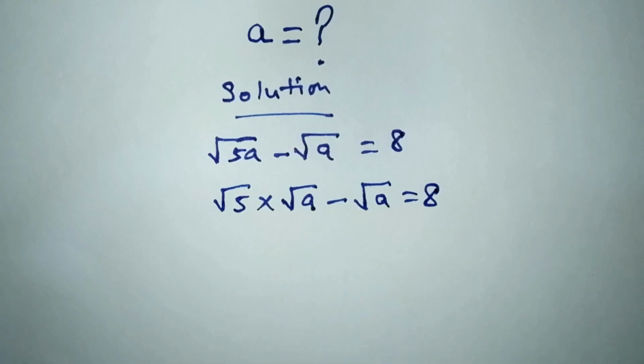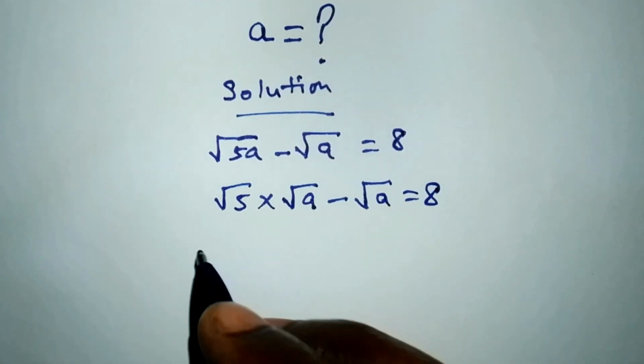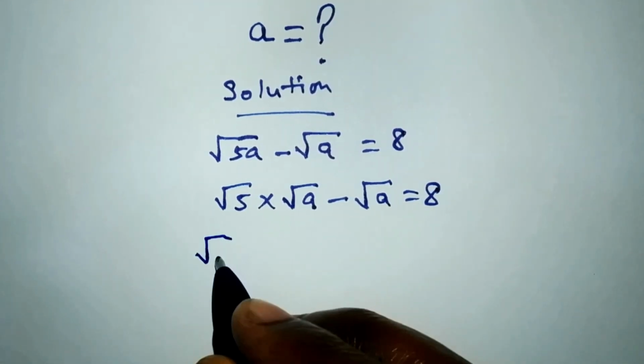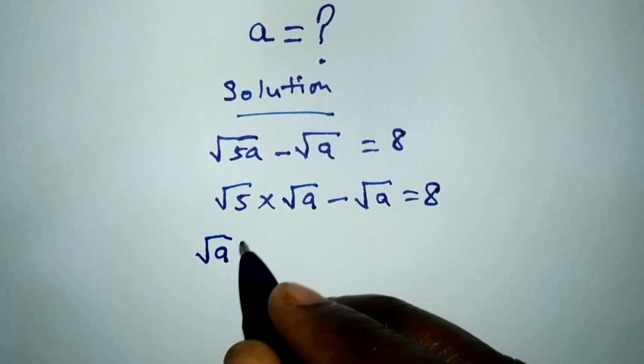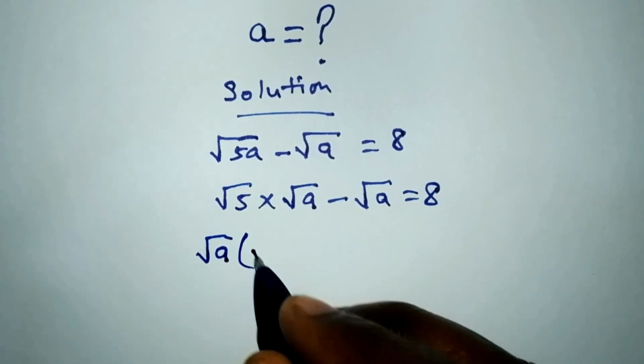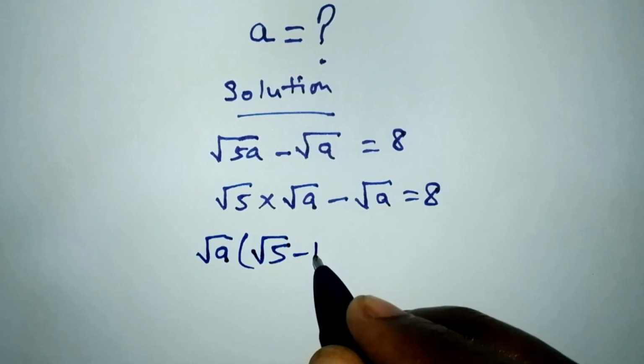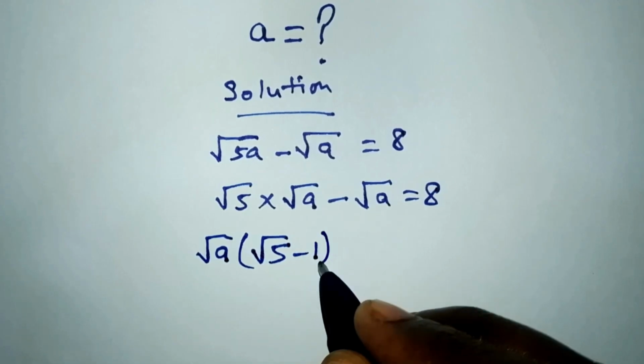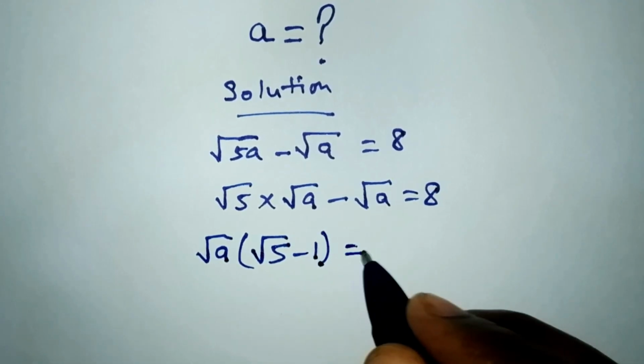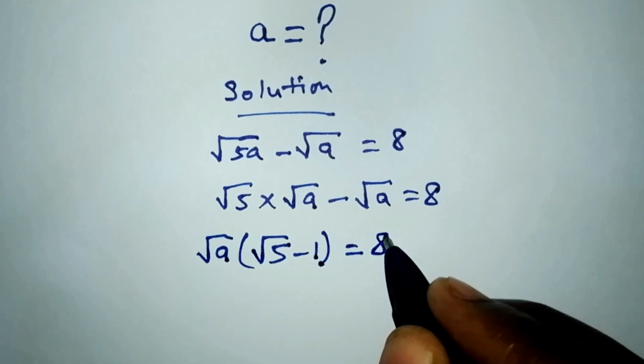So we can express this as square root of a bracket square root of 5 minus 1 equals 8.